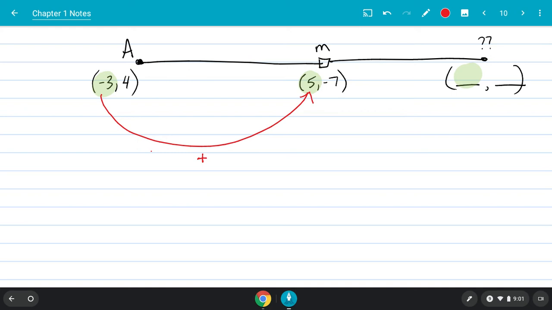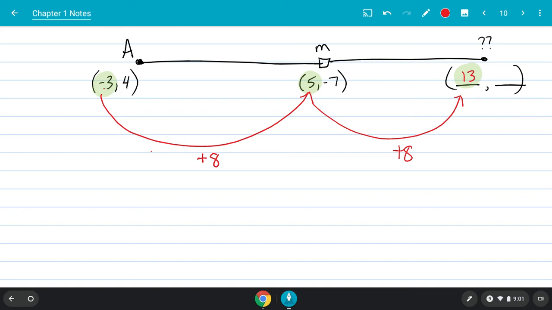That'd be 3. And then from 0 to 5 is how many? From 0 to 5 is 5. So 3 and 5 is 8. Or I could just count up, that I went up 8. So if that's halfway, then to go the other halfway, I need to go up 8 again, because it's halfway. So 5 plus 8 is 13.